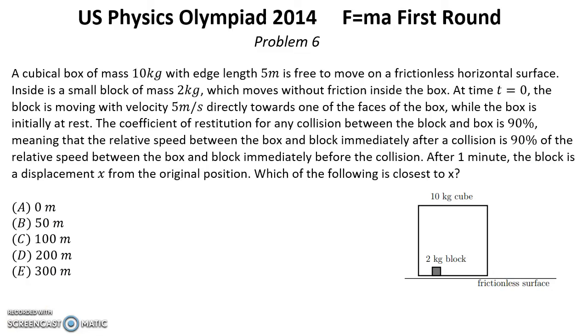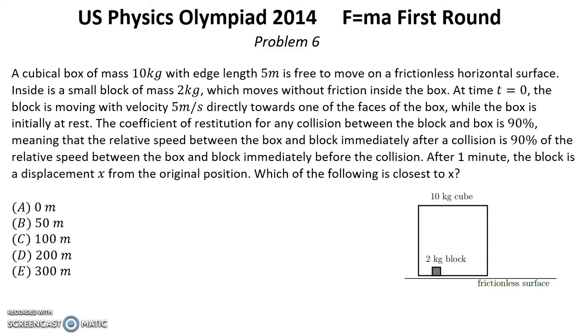Problem number 6. A cubical box of mass 10 kg with edge length 5 meters is free to move on a frictionless horizontal surface. Inside is a small box of mass 2 kg, which moves without friction inside the box. At time t equals 0, the block is moving with a velocity of 5 meters per second directly towards one of the faces of the box, while the box is initially at rest.